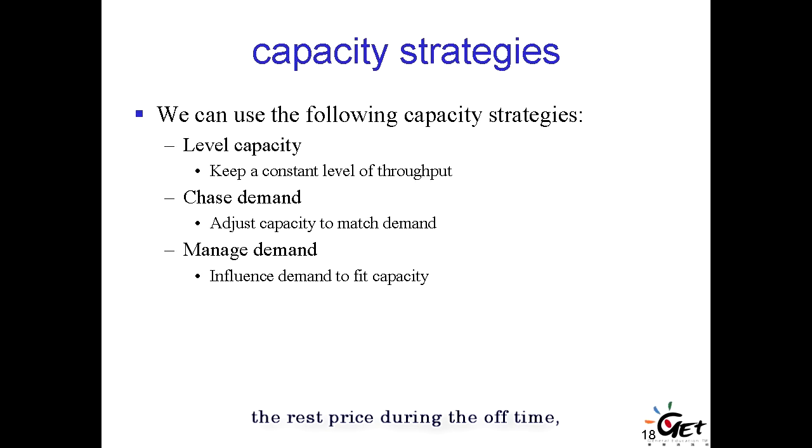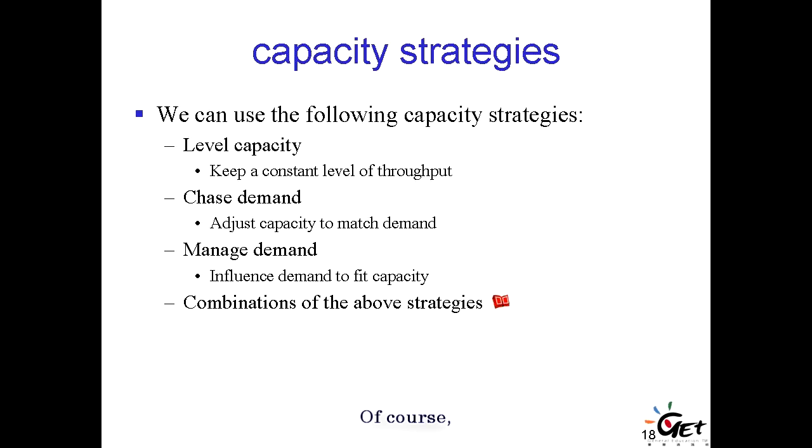During the off time, you can lower the price, so that some people can be attracted by these lower prices. They can consume these items during the off time because of this lower price motivation. Okay. And of course, we can have combinations of the above three strategies. So these are some possible capacity strategies that we can consider.